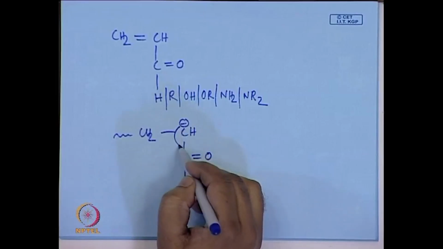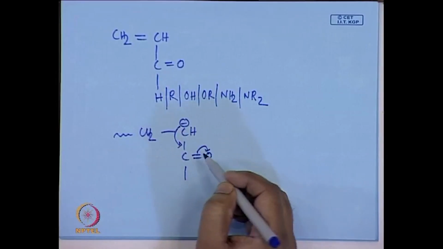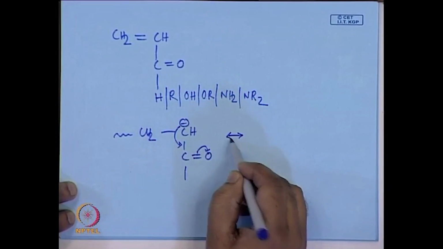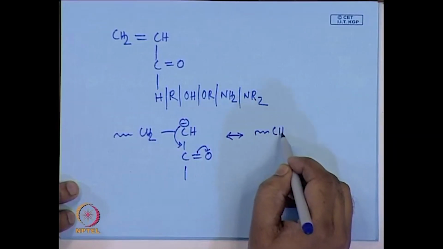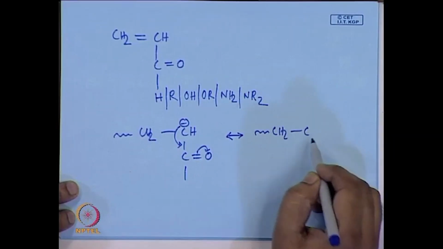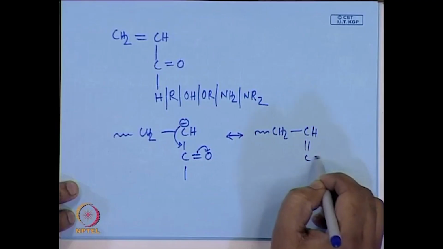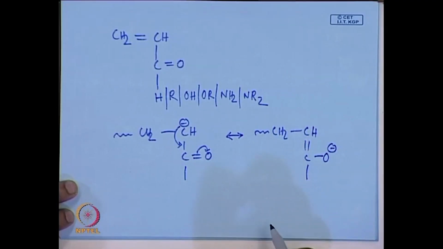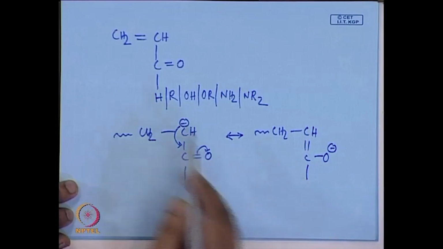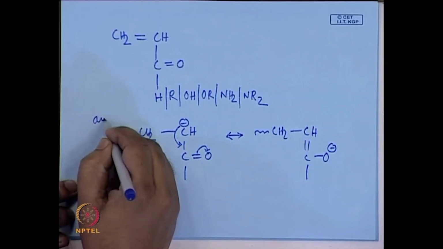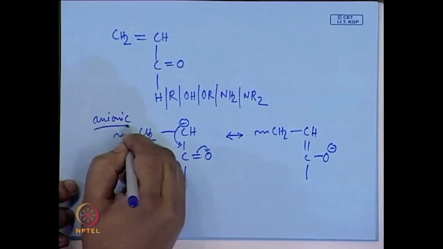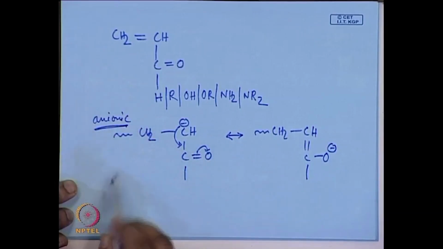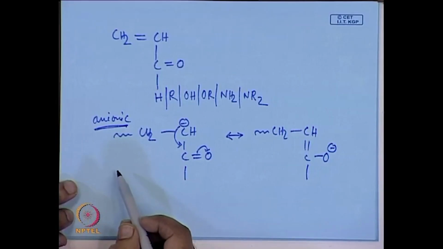Now, in this case also this can get stabilized by resonance, and this will form this. So, this is also another set of monomers which can be easily polymerized by an anionic initiator.